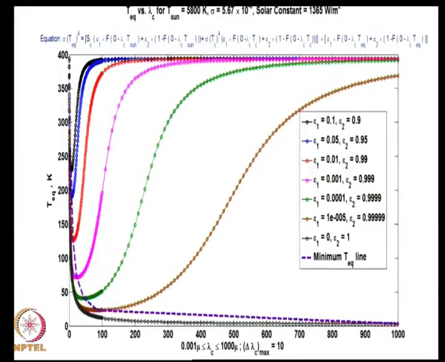So, these are very interesting problems, and the unusual behavior you see here is primarily on account of the non-gray nature of the surface, both in the case of Dewar flask as well as in this case of selective surfaces used in solar in space applications. You see some unusual behavior because of the fact that we allow for the variation of spectral properties with wavelength.